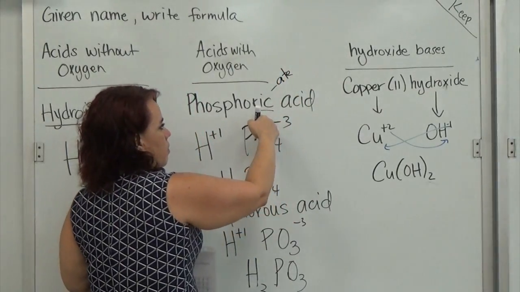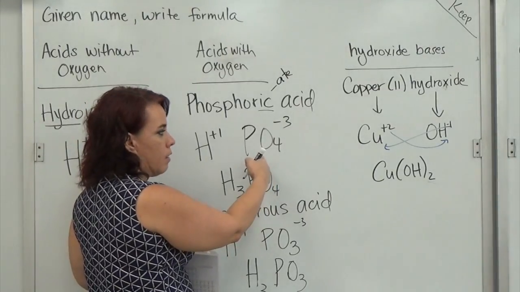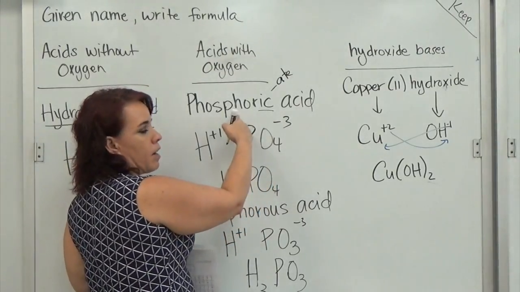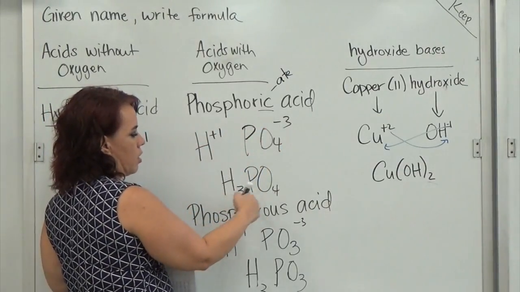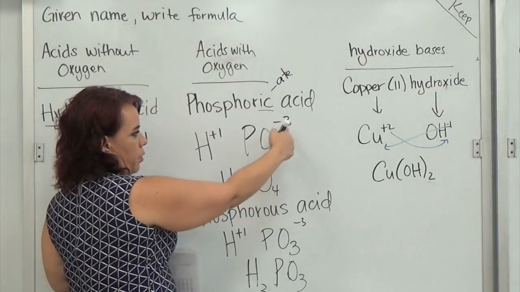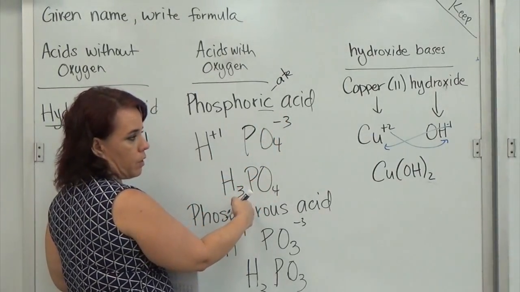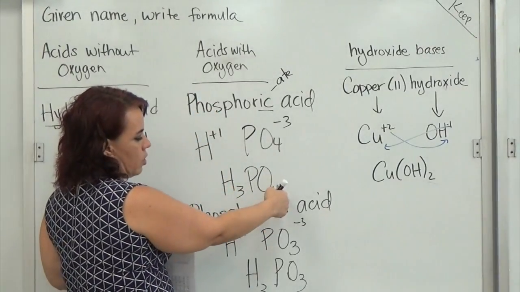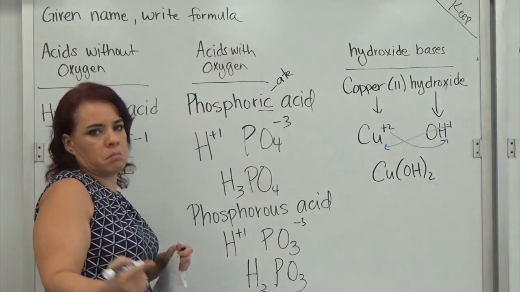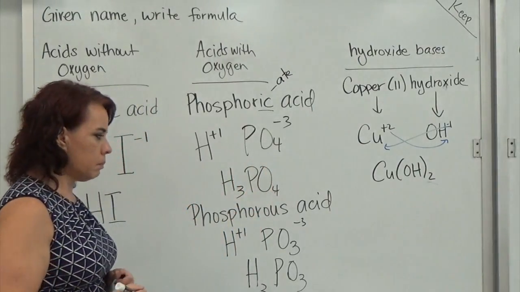So IC becomes ATE. So I select the polyatomic ion phosphate for phosphoric, and then of course I crisscross the charges. And the 3 here, I take off the negative and it becomes the subscript for the H. And this 1 here, well, I don't write ones, so it just disappears. Okay, because I only need one phosphate ion.